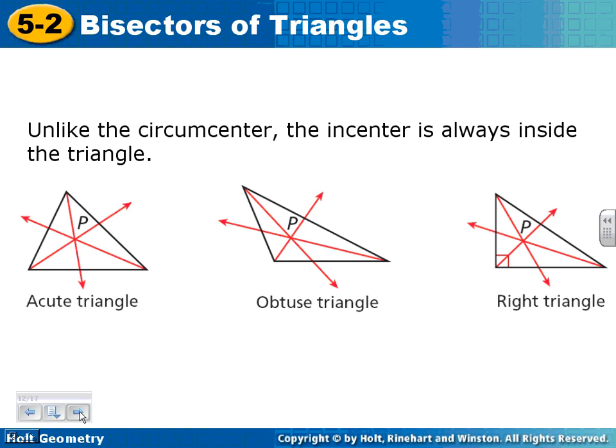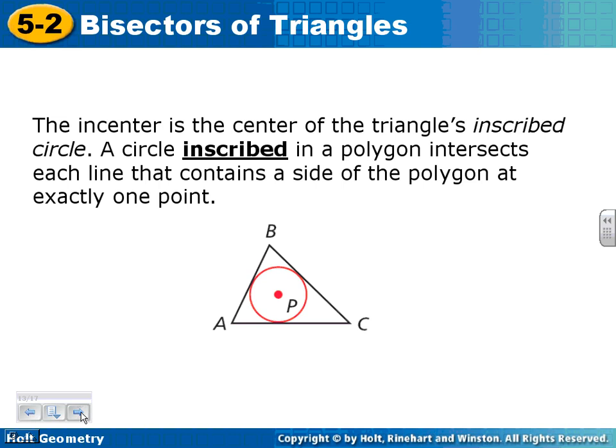Unlike the circumcenter, the incenter is always inside the triangle. It doesn't matter if you have an acute triangle, an obtuse triangle, or a right triangle. The incenter is always inside or in the interior of the triangle. The incenter is the center of the triangle. Inscribed circle.